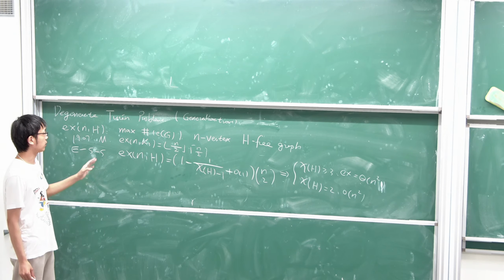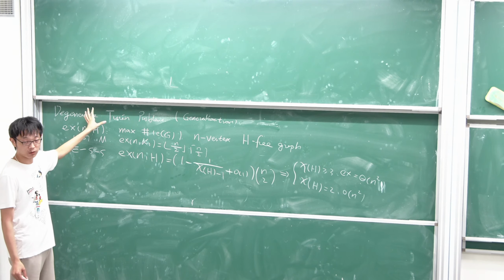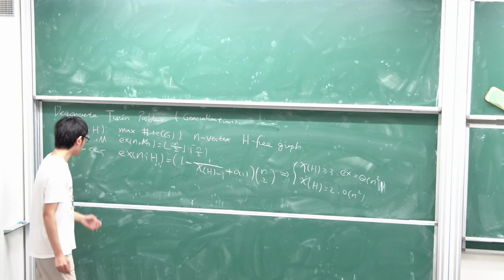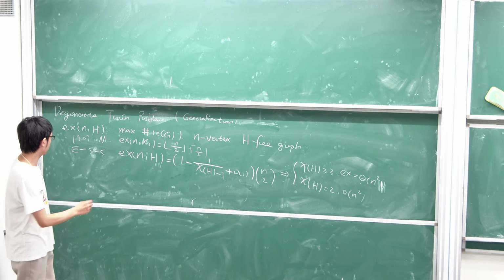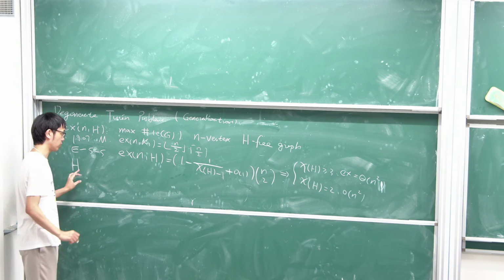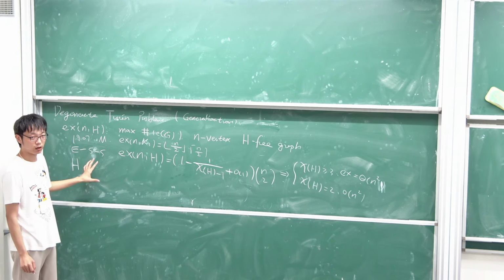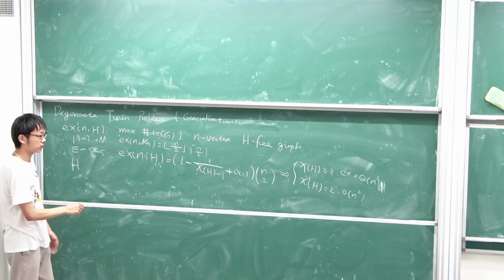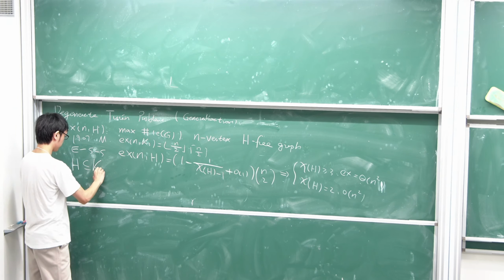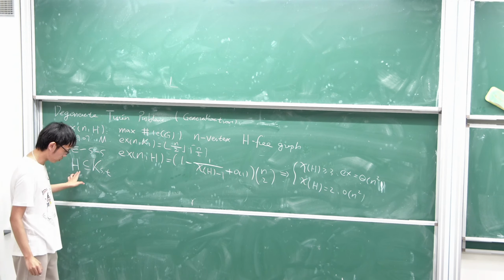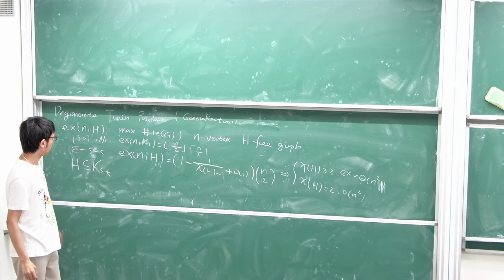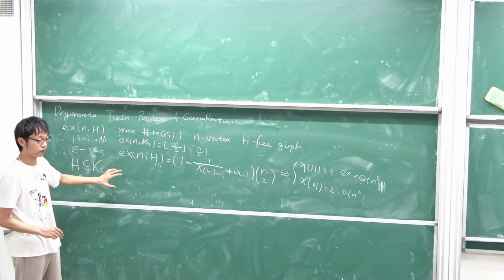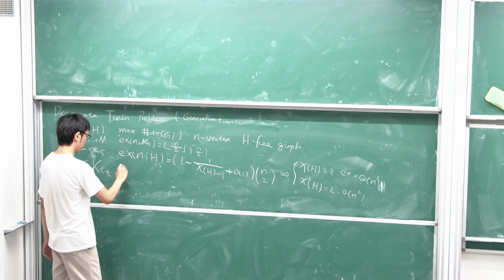Usually people like to call this problem the degenerate Turán problem. As every bipartite graph is a subgraph of a complete bipartite graph, and because H is of constant size, H must be a subgraph of K_{s,t}, so it's very natural to study the Turán number of the complete bipartite graph.